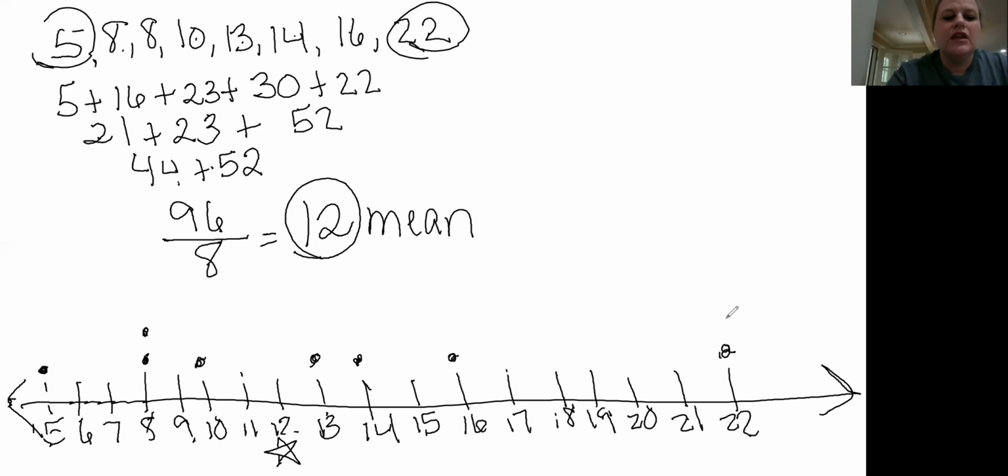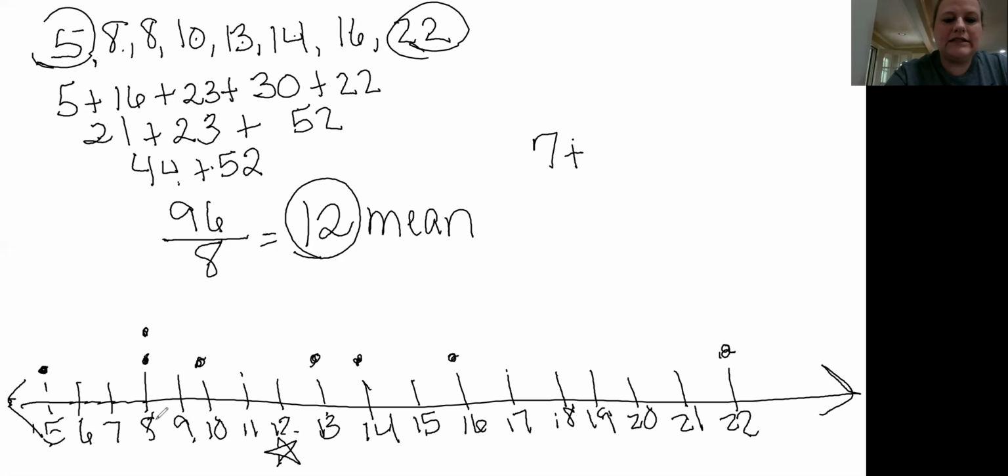Okay, so now we go back and we figure out how far this 5 is from the mean of 12. Well, it's 1, 2, 3, 4, 5, 6, 7. So we're going to rewrite that as 7.